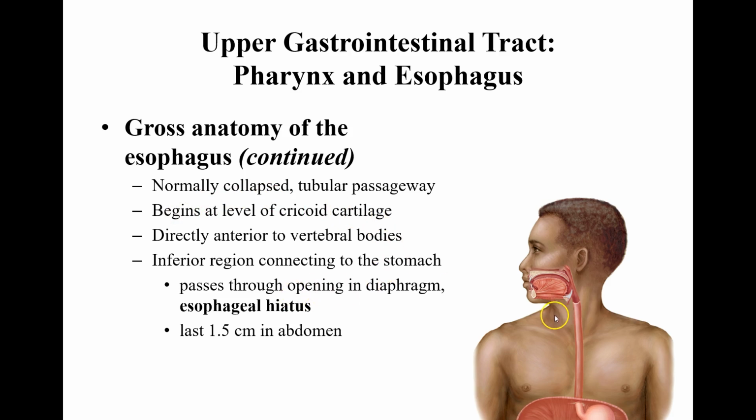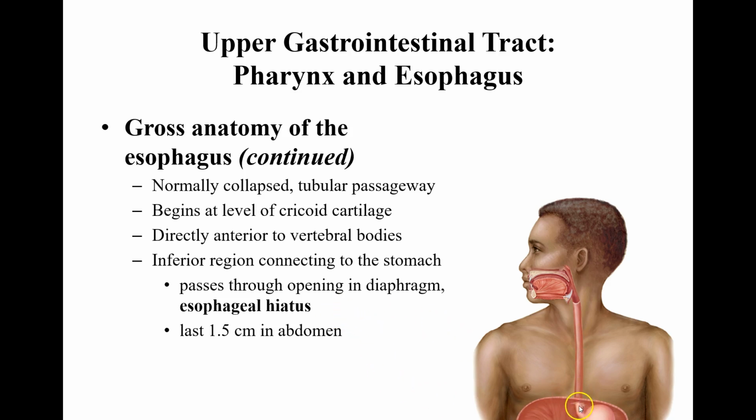The esophagus then is a tube that moves from the throat or the pharynx to the stomach. The tube has two different sphincters, an upper esophageal sphincter and a lower esophageal sphincter.